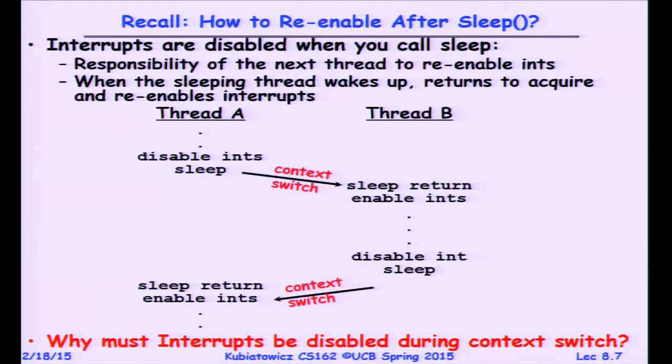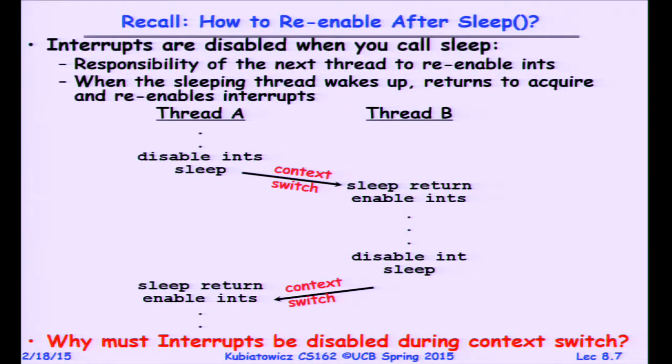Good question. So why do we have to do this during a context switch? Why are interrupts always already off in that section? This is perfectly natural, what I'm showing you here. Why is it natural to have interrupts off when we're context switching? Well, the values in the registers are copied individually, right?